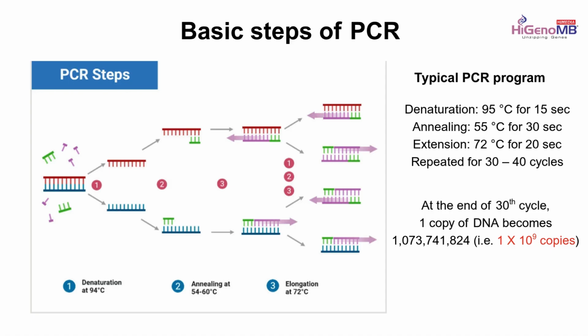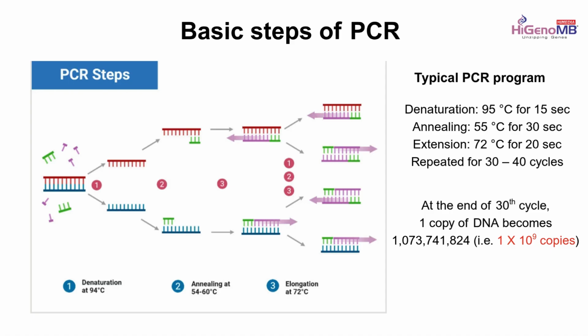So at the end of these 3 steps, which is called one cycle of PCR, you will have 2 copies. That is, one copy of DNA is denatured into two single strands. Then a primer is bound, which is essential for the Taq DNA polymerase to act upon, and at the end of this extension, 2 copies of DNA are formed.